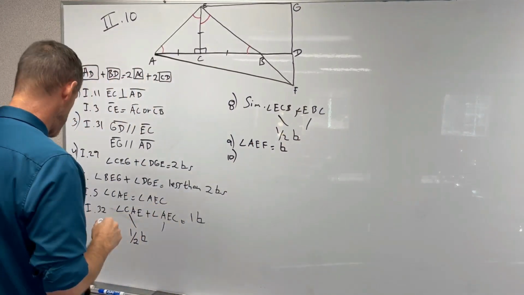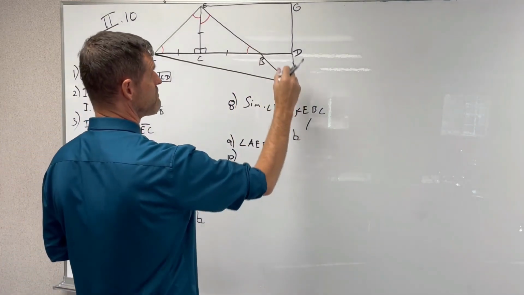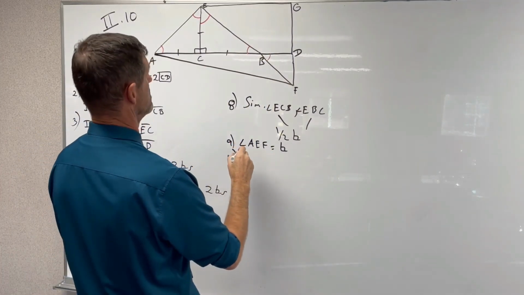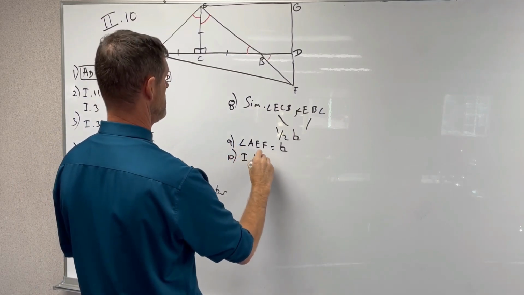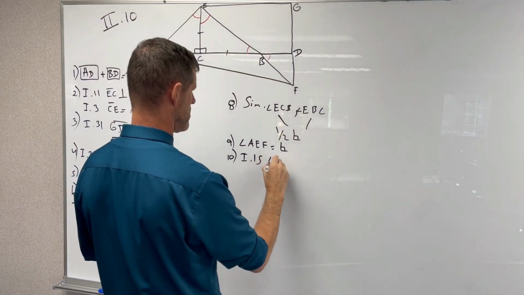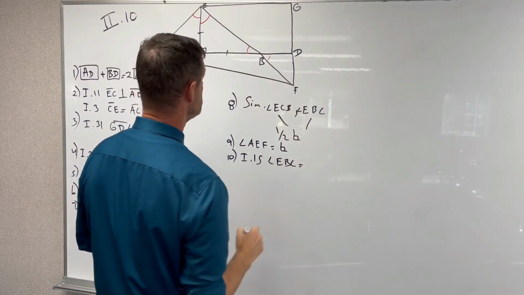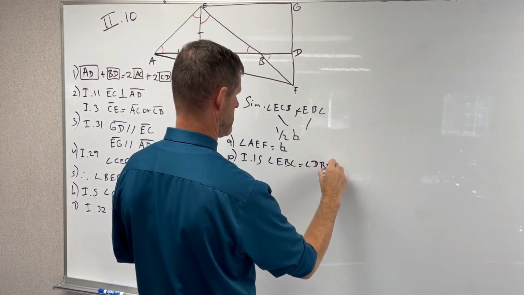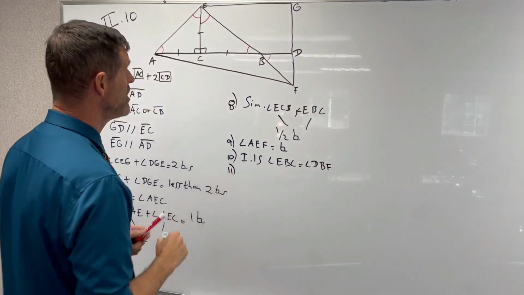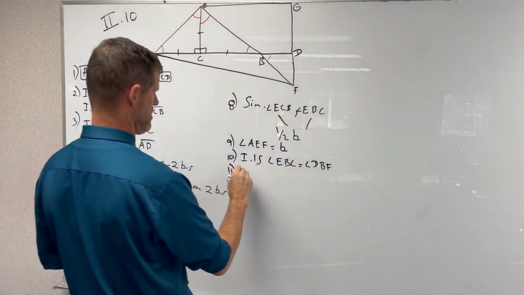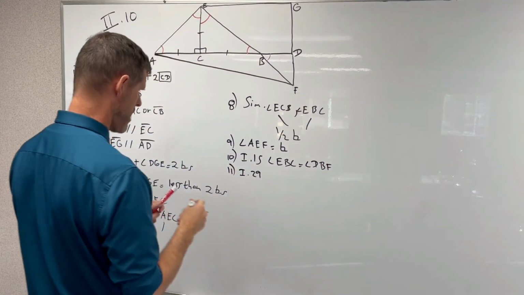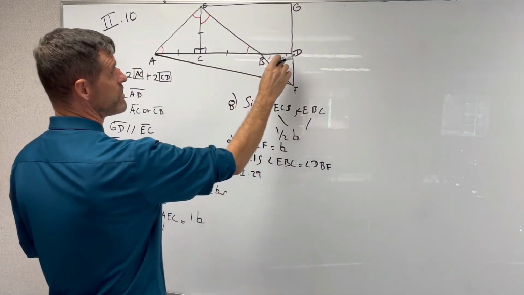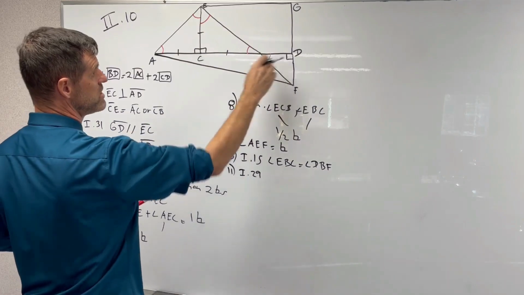Step 10. Now we can also look at the triangle BFD. We know from Proposition 15 that the angle EBC equals the angle DBF. And we know from Proposition 29 that the angle FDB, I'm going to draw it in as a right angle, is the alternate angle to the angle ECD.